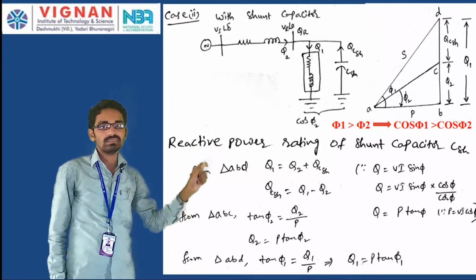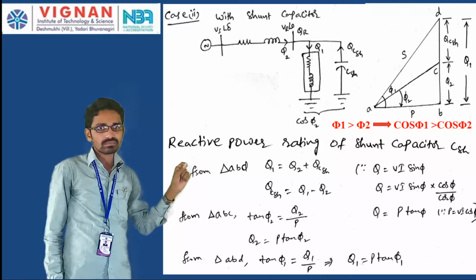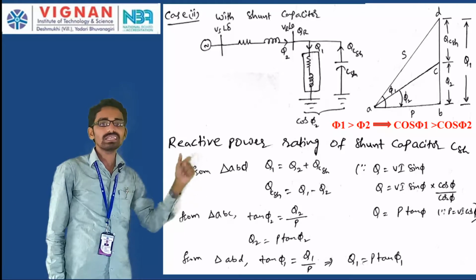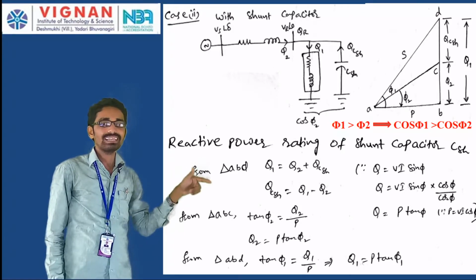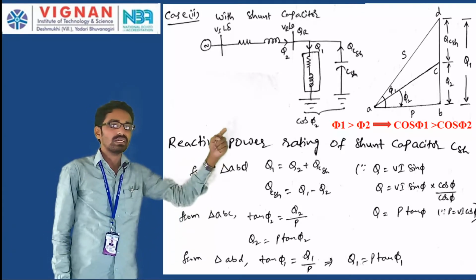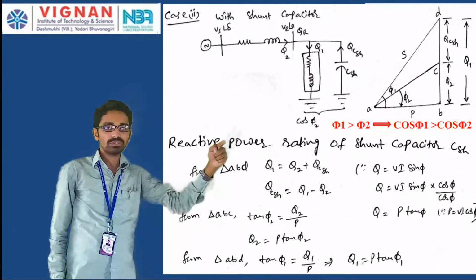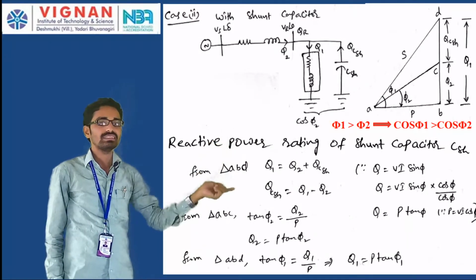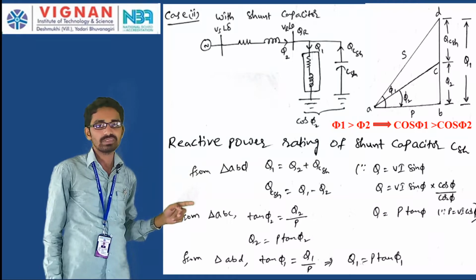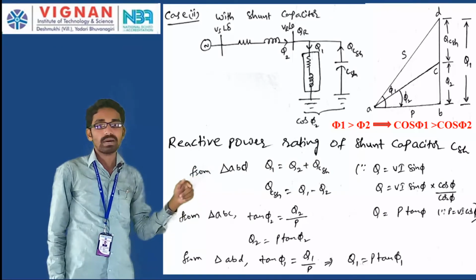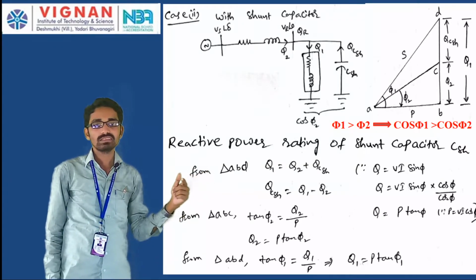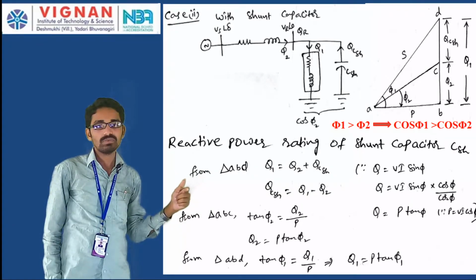Then what happens is, in this case the angle phi 1 is more than phi 2. In the red mark I have shown phi 1 is greater than phi 2. Then what happens to the power factor, cos phi?